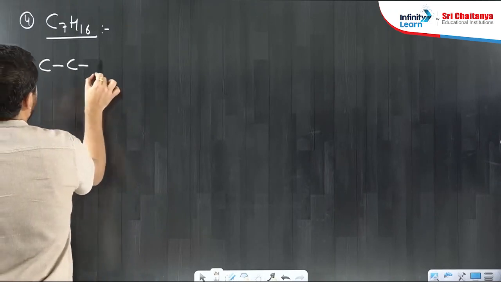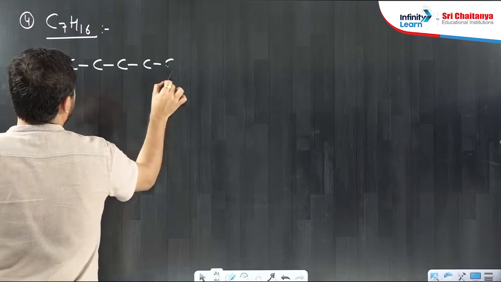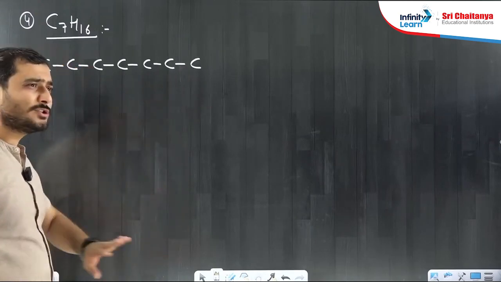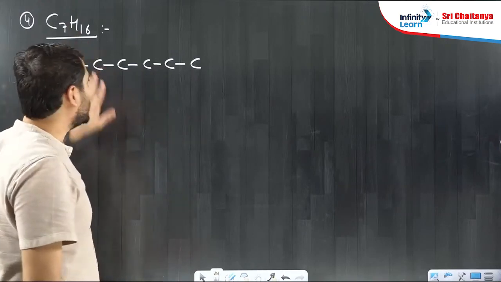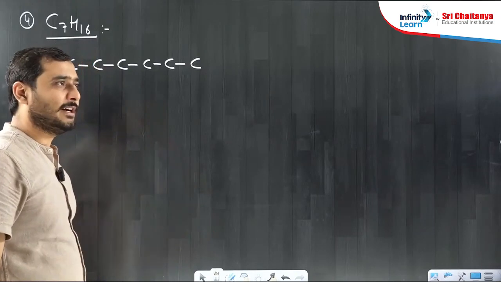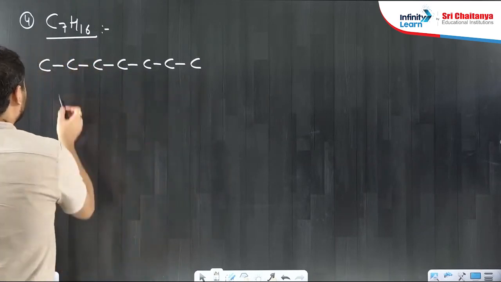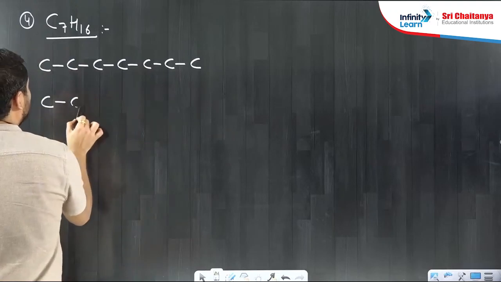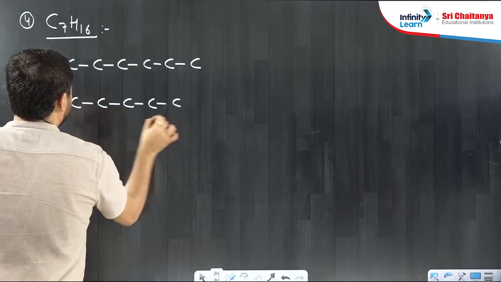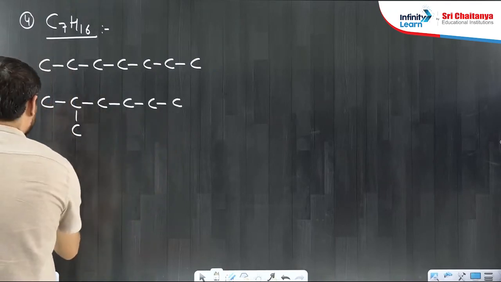First is all 7 carbon atoms in straight chain, 1, 2, 3, 4, 5, 6, 7, and it is easy to draw. Next, write down 1, 2, 3, 4, 5, 6. Methyl branching at which position? Second position.